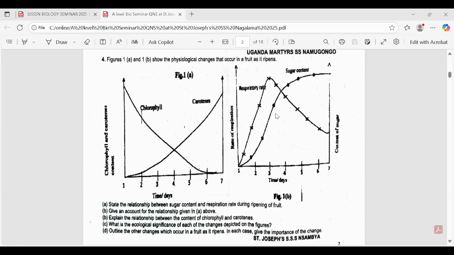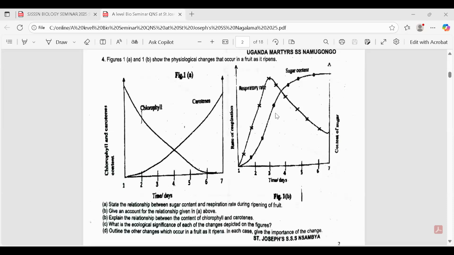Because this one attained the peak when this one was still increasing. So you can't say this one increased to attain a maximum. Rather, we shall pick up from 3 to 7. Okay? So that from 3 to 7, as the respiratory rate decreases rapidly, the sugar content increases gradually to attain a peak.